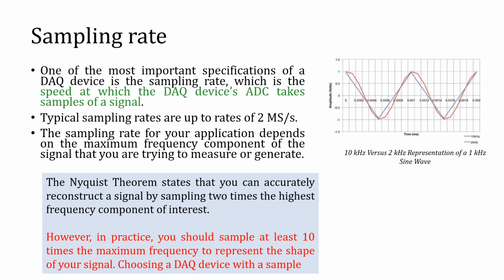Sampling rate is the speed at which the data acquisition device, the ADC, works. ADC means A to D converter. So the analog to digital converter is taking samples from the analog signal and converting it into a digital one. So the speed at which that ADC works is called the sampling rate.